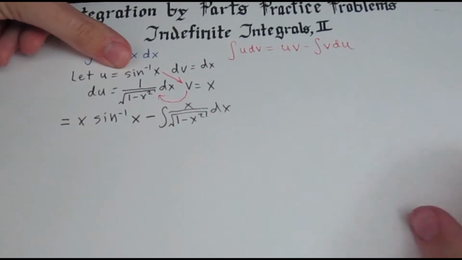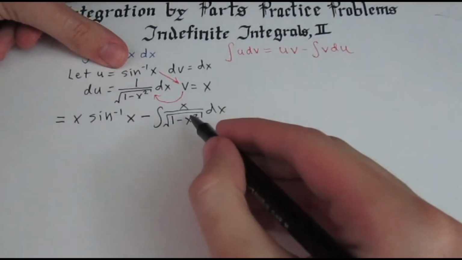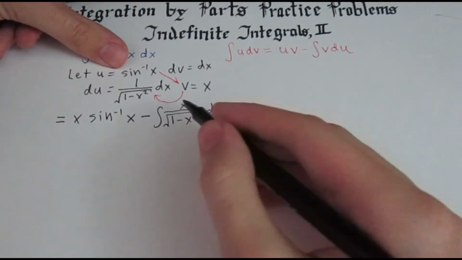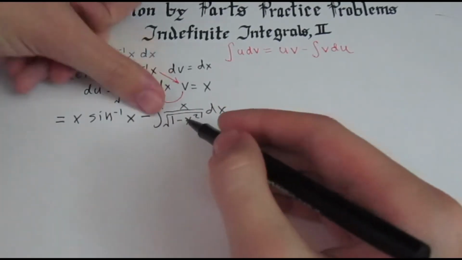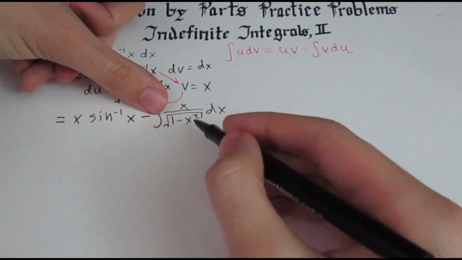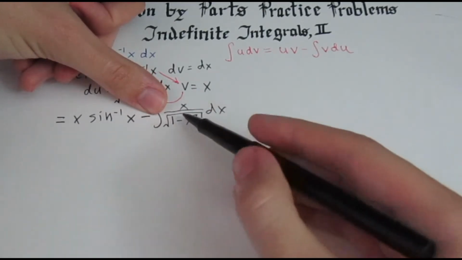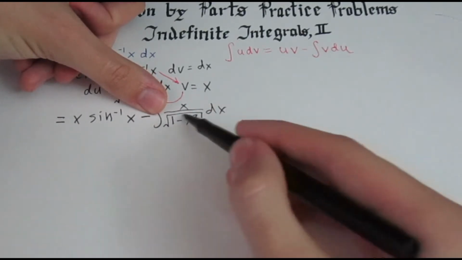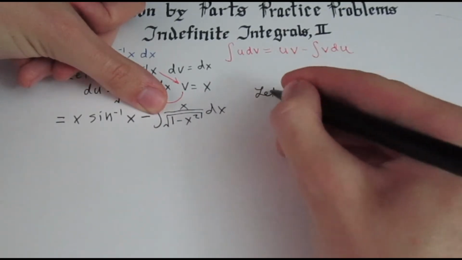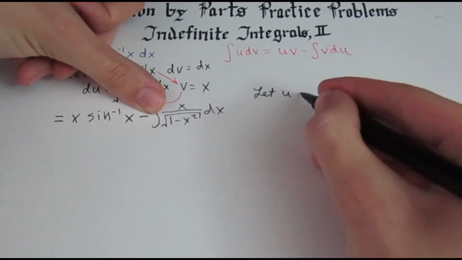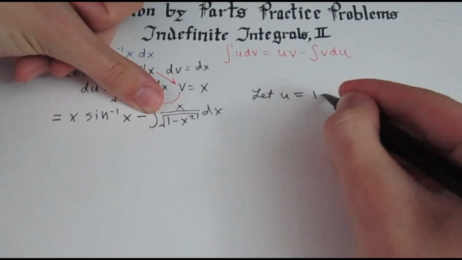And so now how would we solve this integral? Well, now we could use the u substitution. Let u equal the radicand of the denominator. So we let u equal 1 minus x squared.